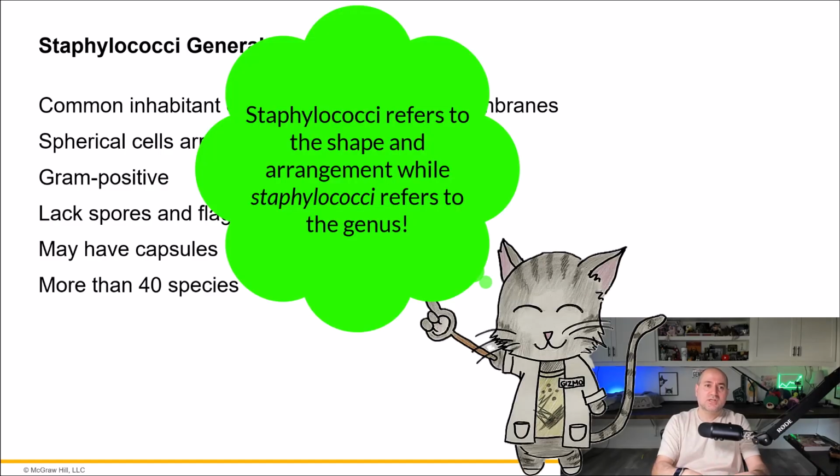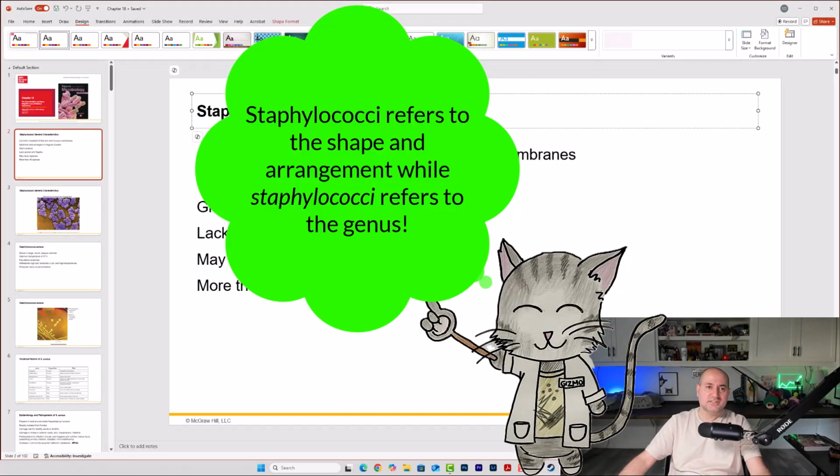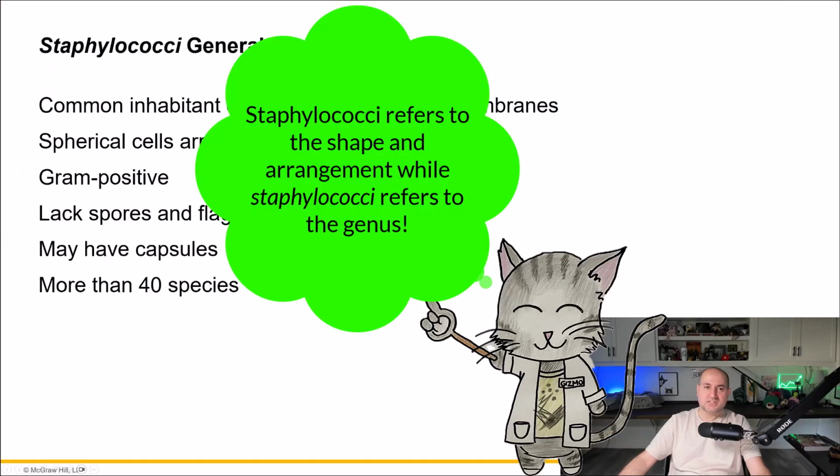Does that make sense? So technically it should be italicized here. In fact, I'm going to go ahead and italicize it. I think the publisher should have italicized it because they're not talking about the shape and arrangement. They're talking about the actual genus Staphylococci, right?